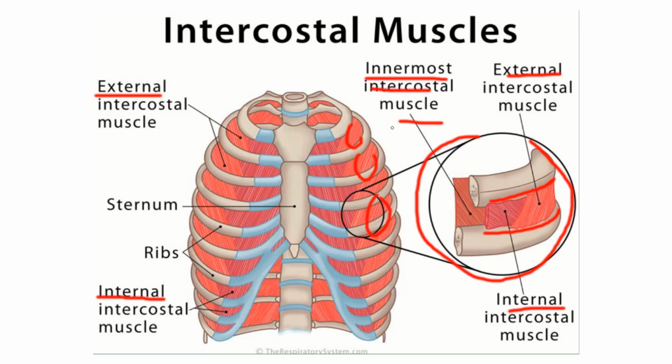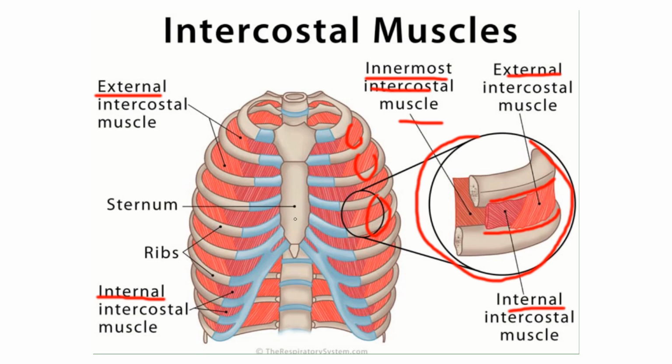Regarding the nerve supply, the intercostal muscles are supplied by intercostal nerves. Okay, and regarding their action, they actually have different actions. The external intercostal muscle will elevate the ribs during forced inspiration.